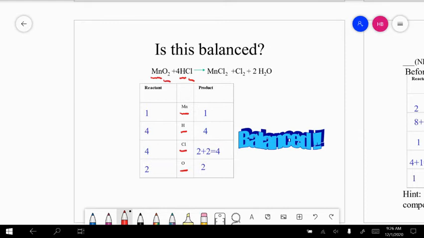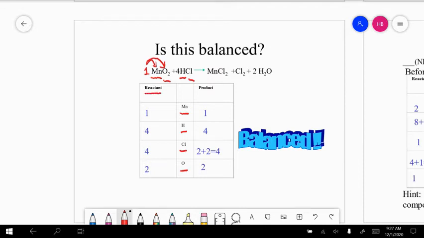Remember that manganese here, MnO2, has no coefficient, therefore it's 1. So 1 manganese and 2 oxygens on the reactant side. I'm going to list them.